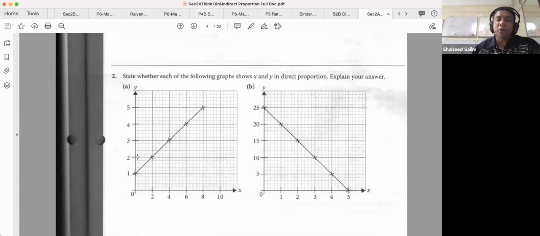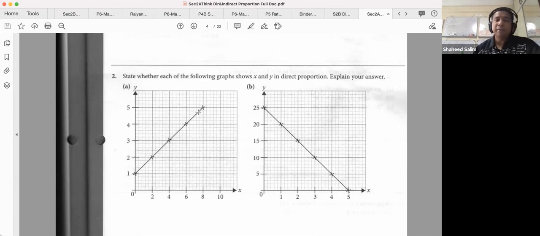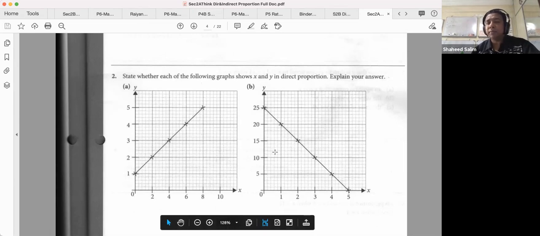Yes, it is supposed to pass through the point of origin, right? So it does not pass, so this is not in direct proportion. The other one is a straight line. So it's a straight line, but it's not passing through the point of origin.